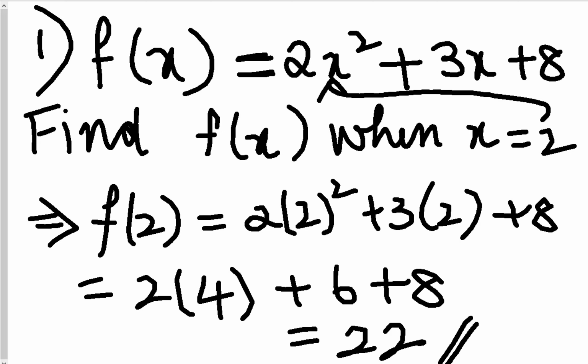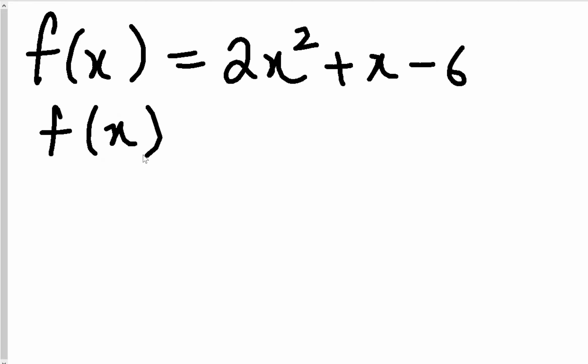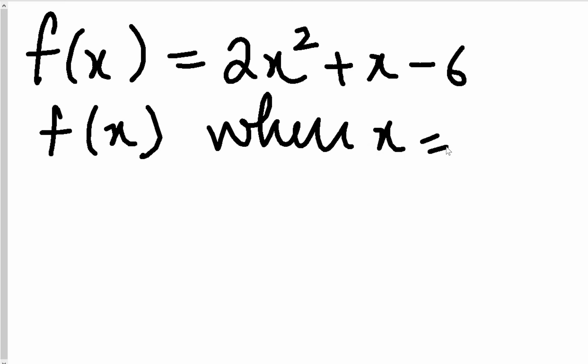And let's solve another simple example. The question is given as: if f of x equal to 2x squared plus x minus 6, then find f of x when x equal to -2.